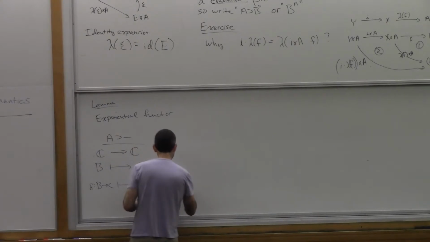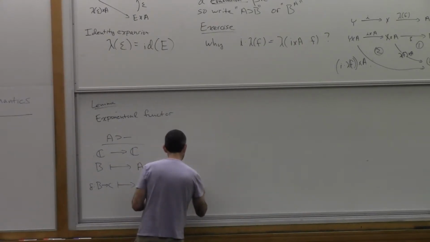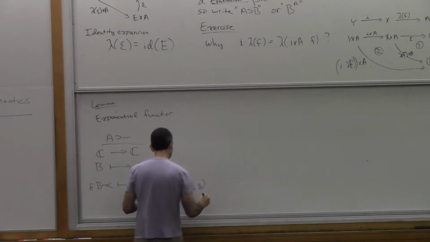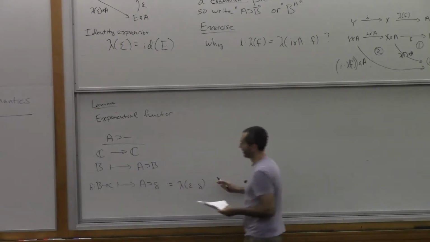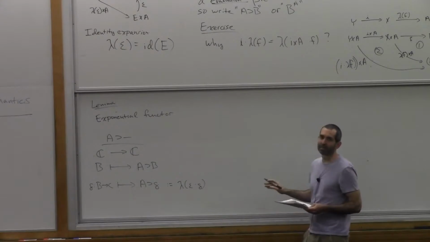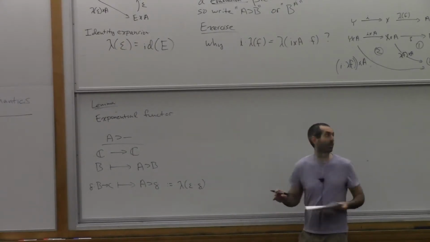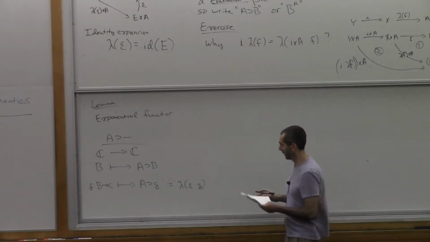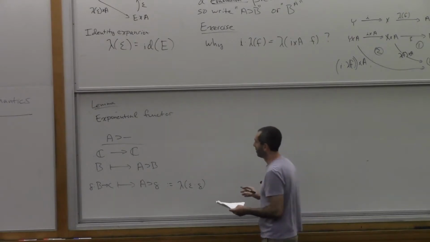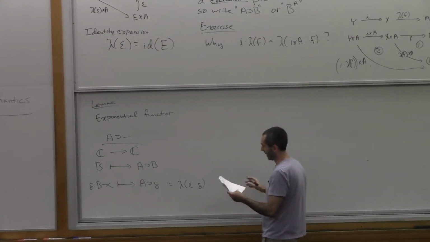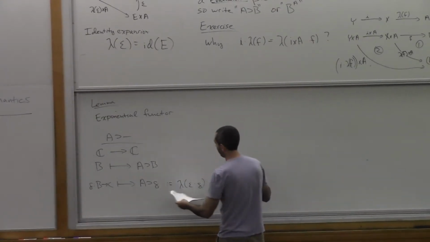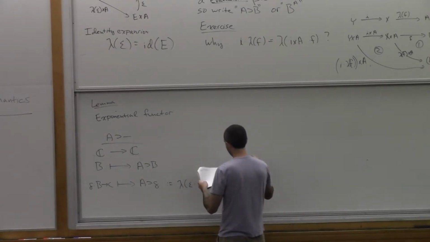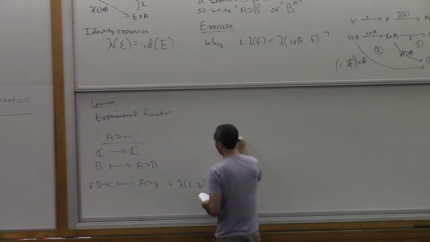But what it does is it curries the evaluation map composed with G. And this I can't really motivate very well yet, but when we get to natural transformations, which should be half an hour or less, I will be able to, but I can at least convince you that it has the right type. So here, let's just look at what the types of these things are, by which I mean the boundary.